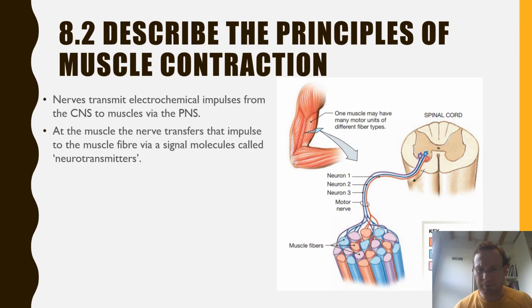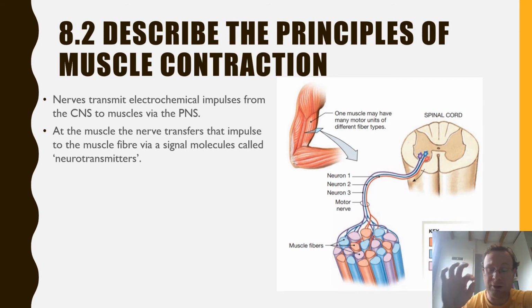At the muscles, what you see on that picture, you can see nerves that are connected to muscle fibers. So if, for example, you chose the red one, it's called on there neuron 1. It's connected to the spinal cord, and then that neuron 1 is going to have a contact with each of those little red muscle fibers.